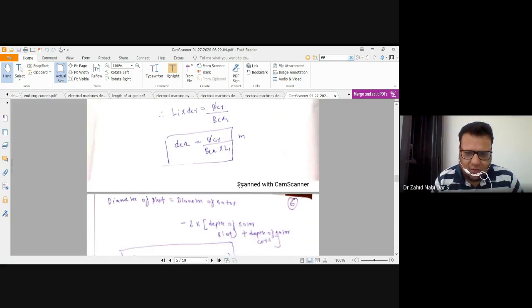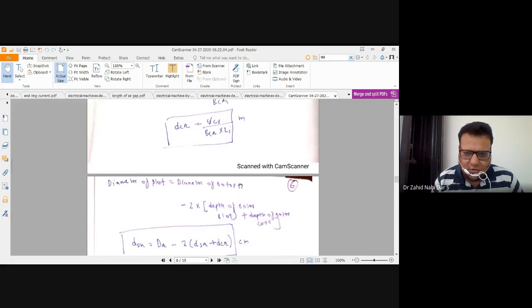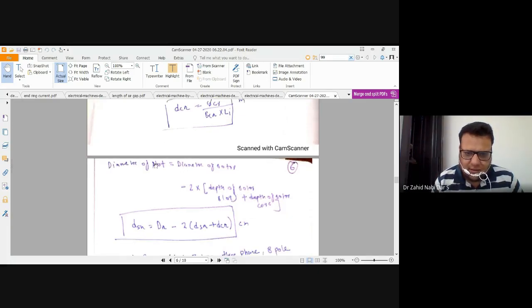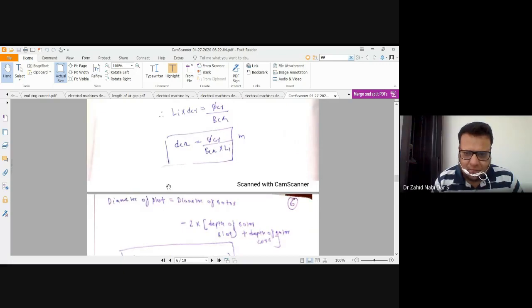Again, the diameter of the slot is related to the diameter of the rotor. The diameter of the rotor would be twice the depth of the rotor slot plus the depth of the rotor core. So from here you can write DSH is equal to Dr. This is the diameter of the slot.